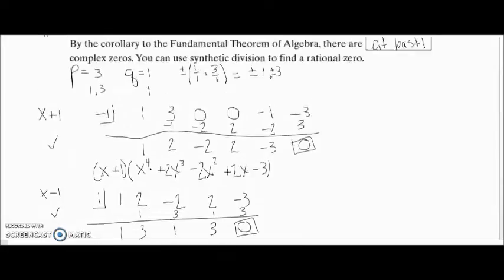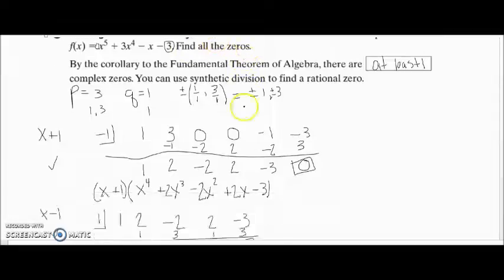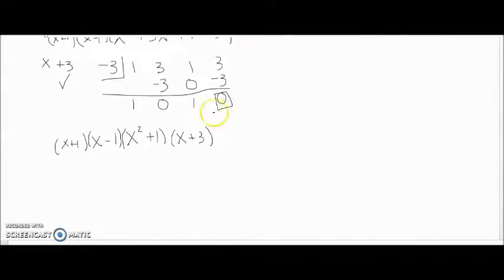And the original question asked us to find all the zeros, so that means that we need to set each one of these equal to 0. So first, x plus 1 is 0. So if we subtract 1 from both sides, we find out that x is -1.